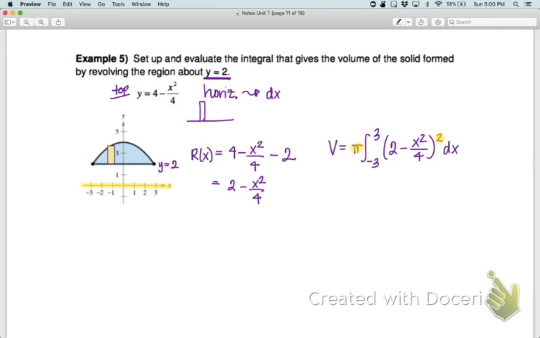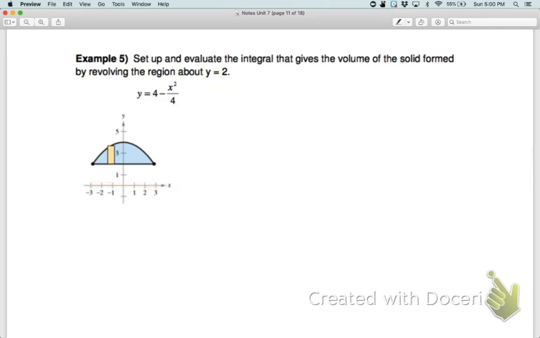Now, in the next video, we're going to extend this just a little bit further. In this example here, we rotated this figure around the line y equals 2. So there was no gap when we rotated it. If I were to rotate this about the x-axis instead, that's going to change things.